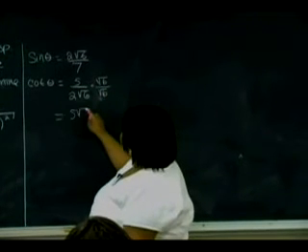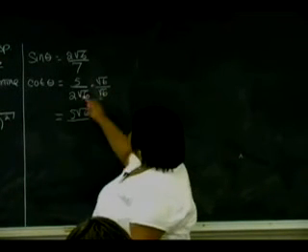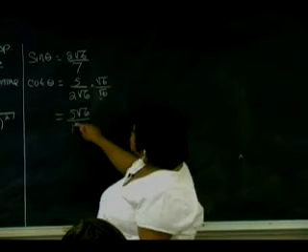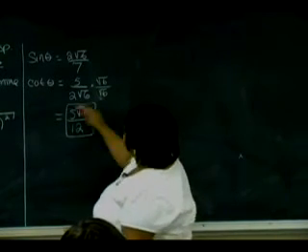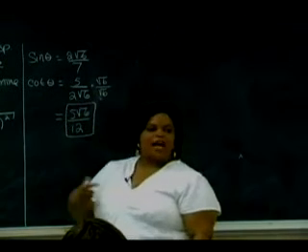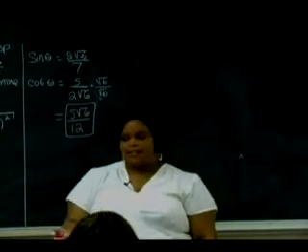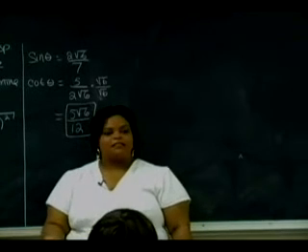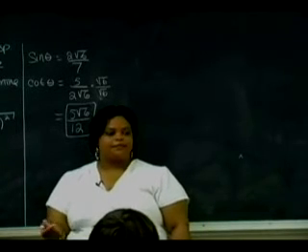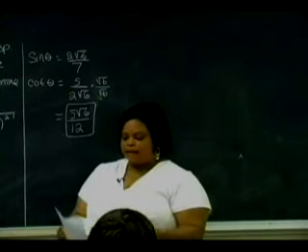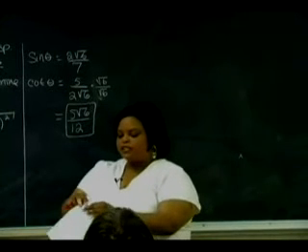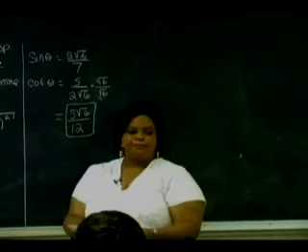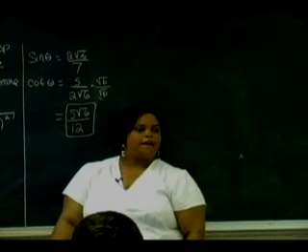This gives me 5 square root of 6. What's the square root of 6 times square root of 6? 6. 6 times 2 is 12. So I may have to rationalize. Y'all remember that? Math 100? Rationalize my denominator to get that radical out. Okay? To get that radical out. Any questions so far?